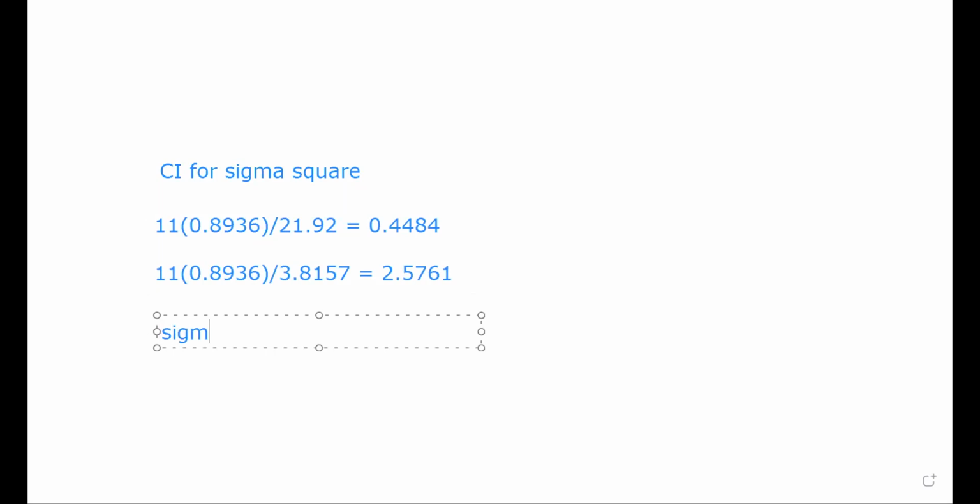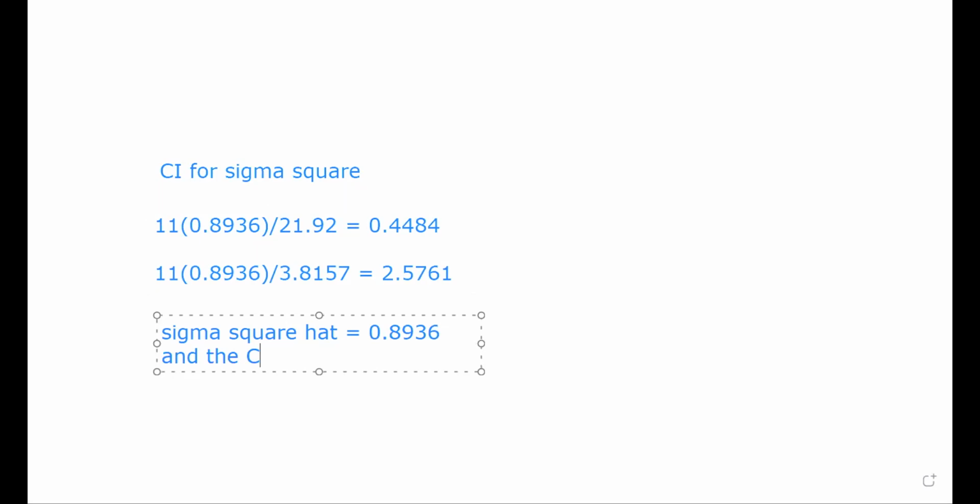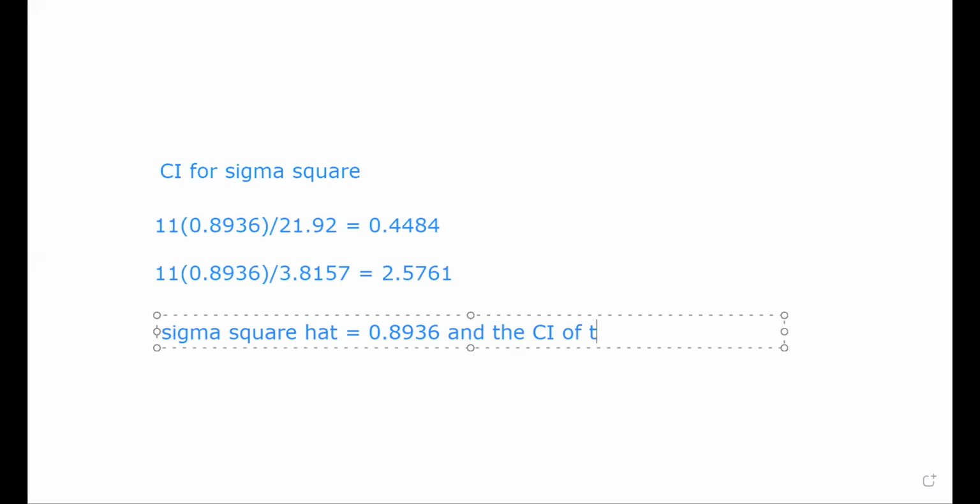Sigma square coefficient is 0.8936, and the confidence interval we have is 0.4484 and 2.5761.